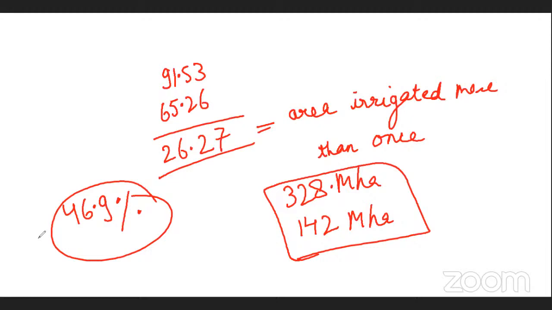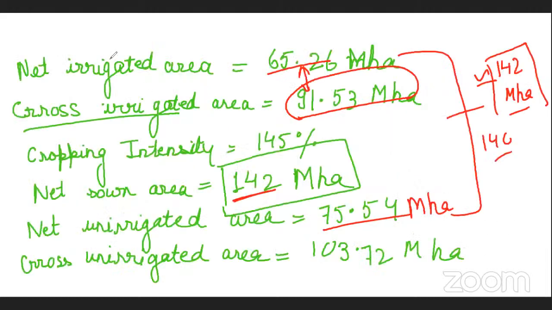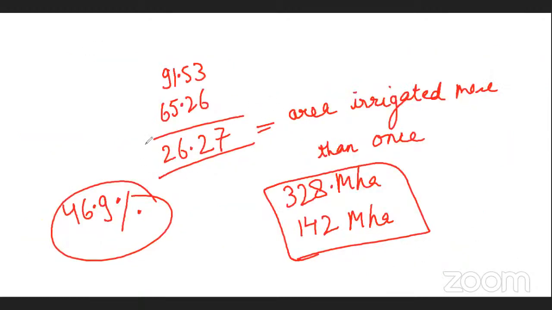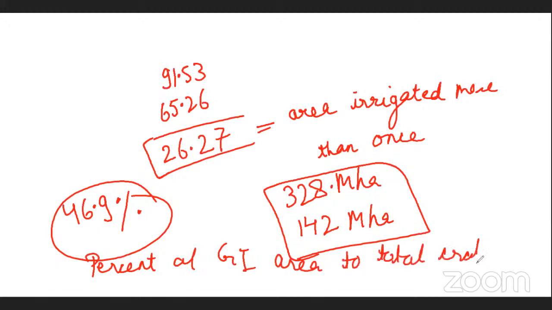So we have concluded from these data that this area is irrigated more than once, and this 46.9% is exactly the percent of the geographical area of India to the total cropped area.